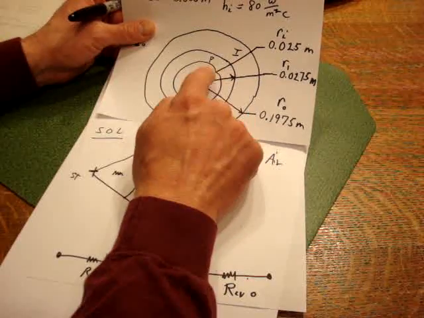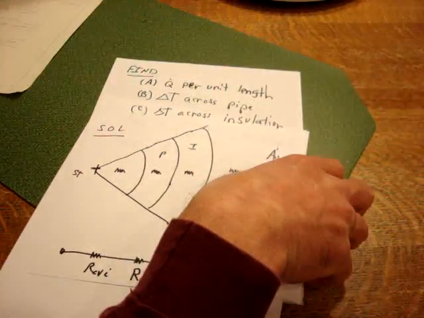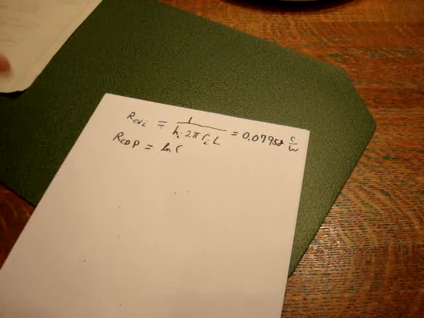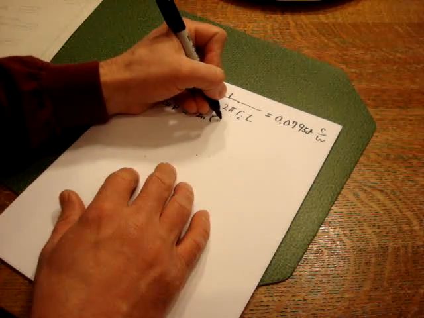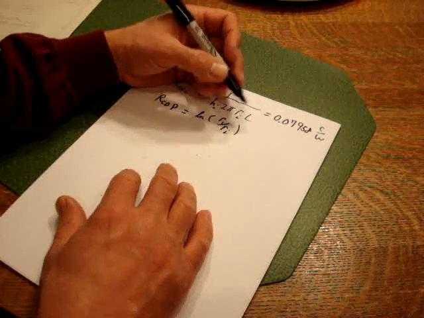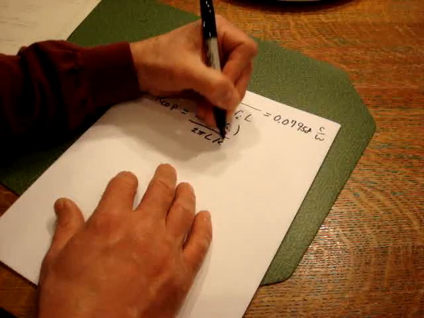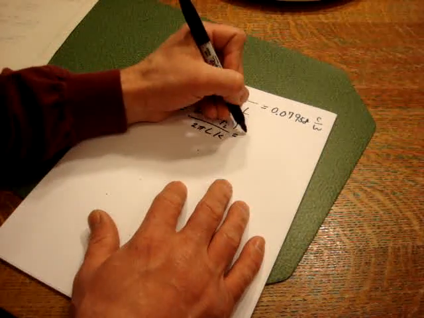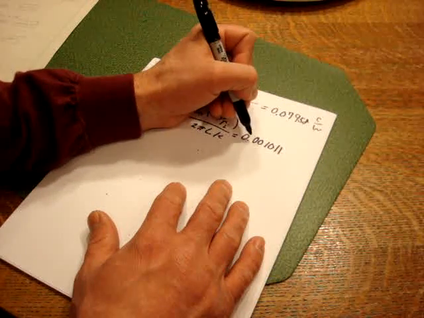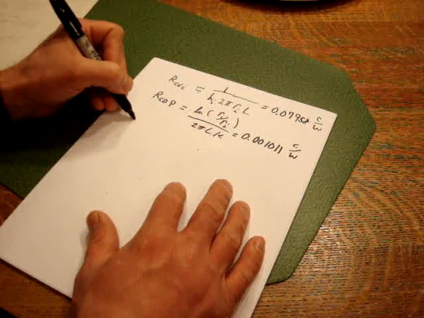So radius on the outside divided by radius on the inside, which is 0.025. So here again we got R1 divided by Ri, and then divide it by 2 pi LK. If you substitute into here, crunch these numbers out, you get 0.001011 Celsius per watts.